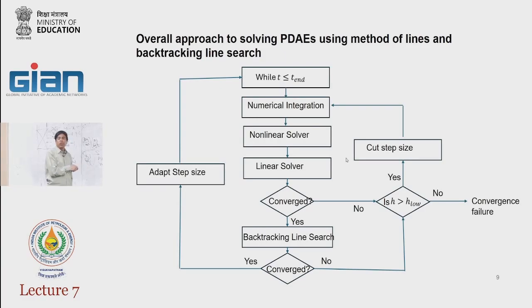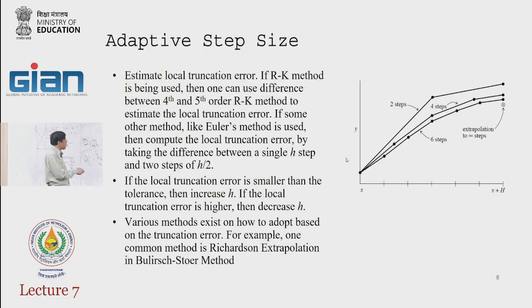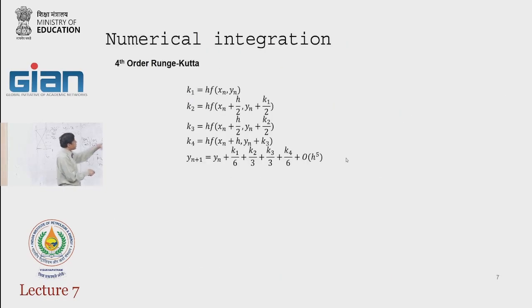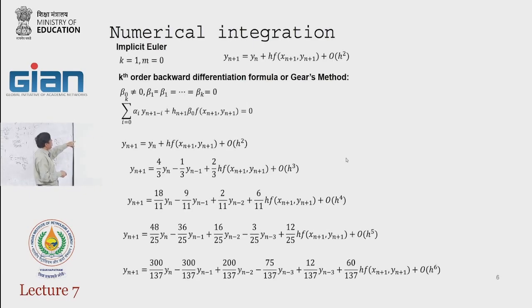After that, it goes to a nonlinear solver. So remember once again, these are the type of equations you are getting. The moment you get this, it becomes an algebraic equation.